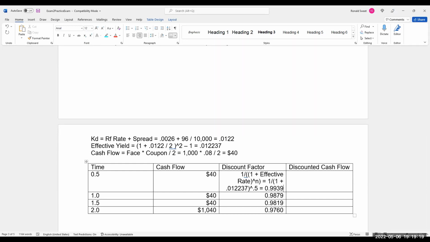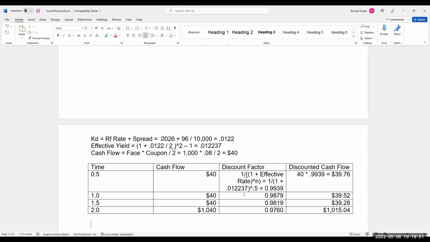And then here you just multiply across: 40 times 0.9939 equals 39.76. Same thing here, 40 times 0.9879 is going to equal 39.52. 40 times 0.9819 is 39.28. And then the last one, 1,040, times 0.9760.